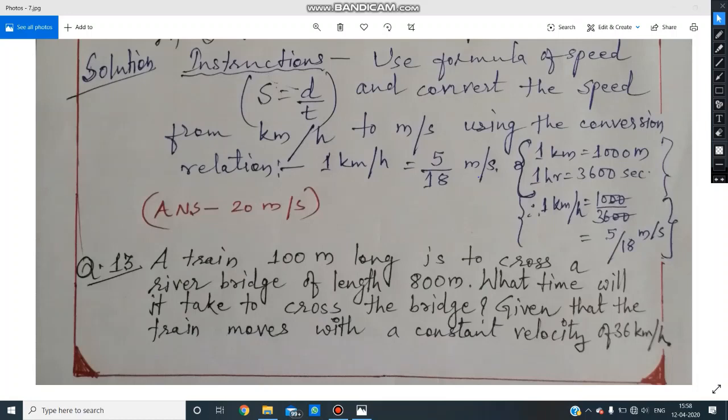A few things you have to note down when we go to the next slide where the solution has been shared: the length of the train is 100 meter and the length of the bridge is 800 meter, whereas the speed, which is constant, is equal to 36 kilometer per hour. Now we have to put these values while solving the question.